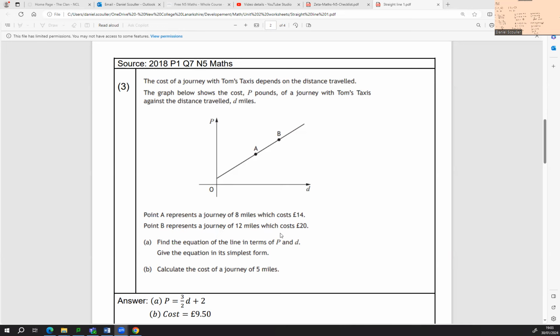So it'd be 12 and 20. So we've got two coordinates there. With that information, try that question. I'll give you until 10 past. If you can get it, if you're comfortable with it, then move on. Work through that worksheet. I'll go through this one at 10 past.